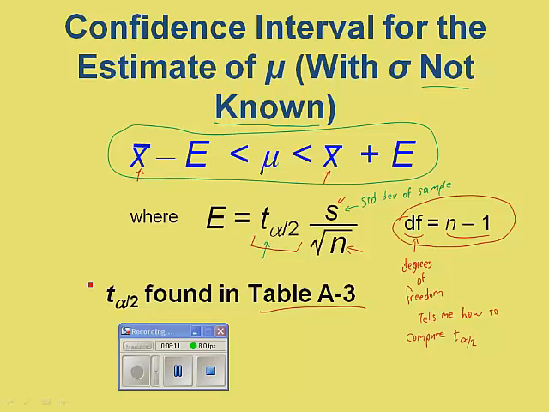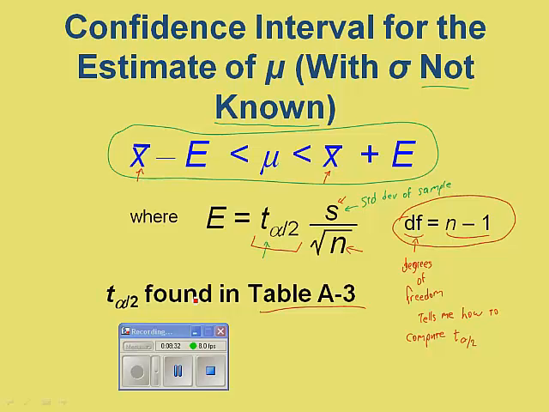Okay, so how do I compute T alpha over 2? It says it's found in table A3. Table A3 you can find in the back of your book. If you open to the inside front cover, this is the normal distribution, the Z-scores.